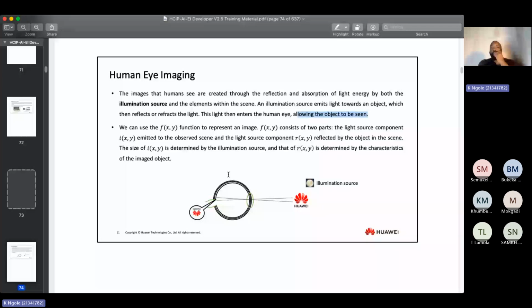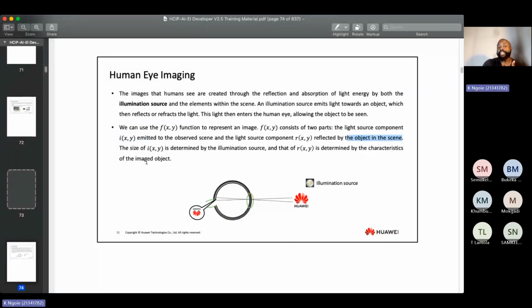Now, when we do that in computers, we can use a function of x, y to represent an image. It is like a vector, which consists of two parts, right? We have the light source component emitted to observe the scene, and the light components which are reflected by the objects in the scene.